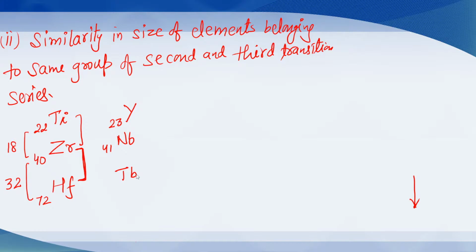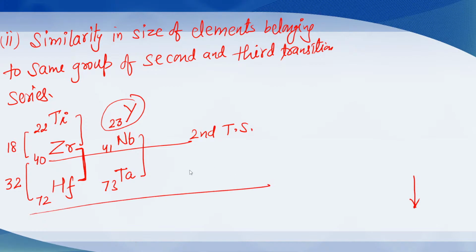yttrium, niobium and tantalum. So niobium and tantalum have almost the same size, though yttrium has a smaller size than niobium. These elements belong to the second transition series and these elements belong to the third transition series.